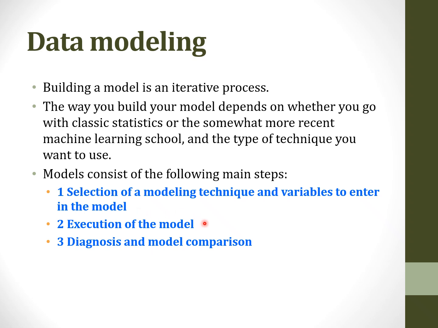Second one is the execution of the model, so running of that model. And third one is diagnosis and model comparison. After the execution of the model, the results obtained have to be diagnosed, and the same data has to be applied to several other models, and the results of all the models are compared in order to find out the most suitable one.